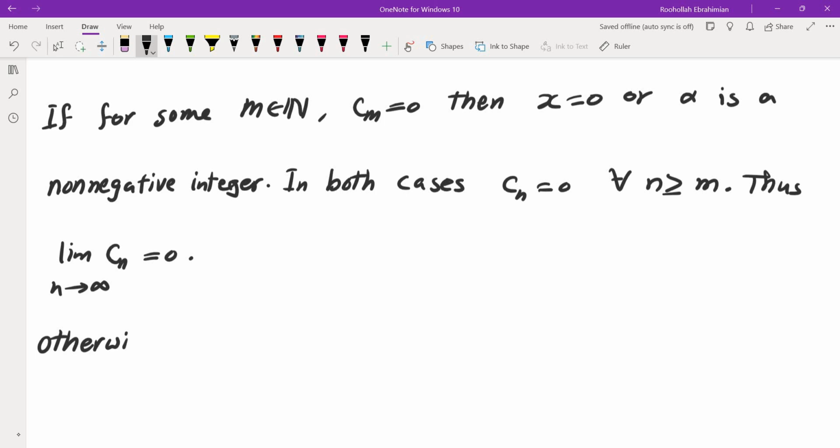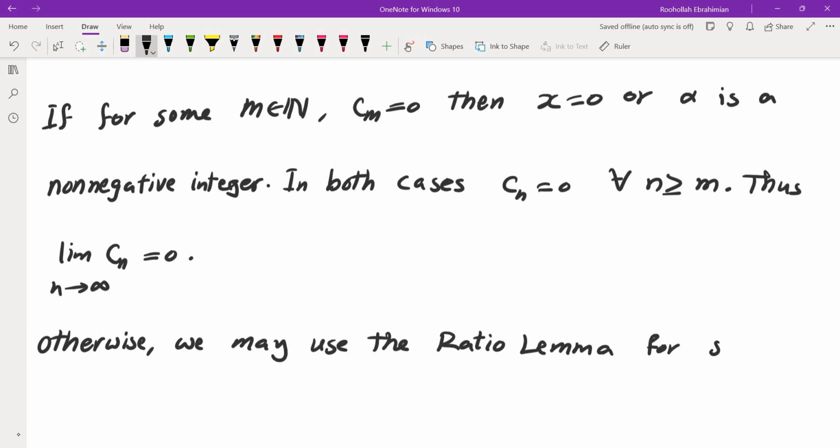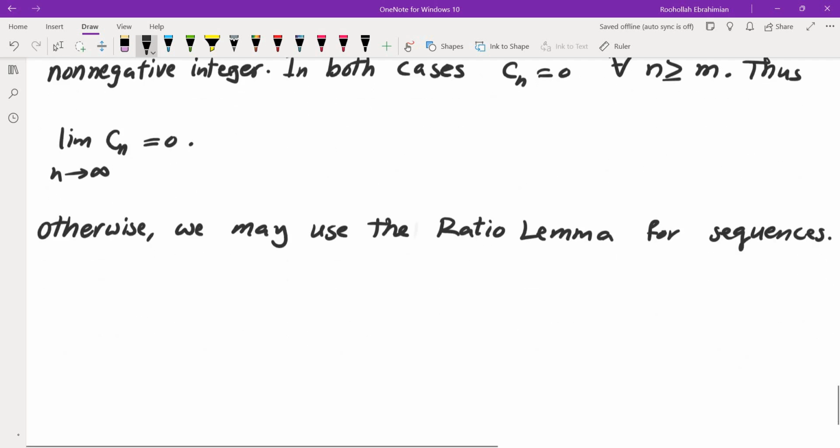Otherwise, we may use the ratio lemma for sequences. So let's look at Cn+1 over Cn.